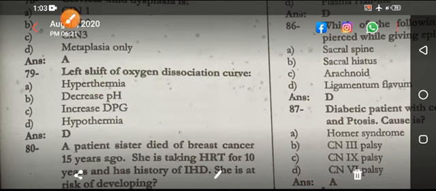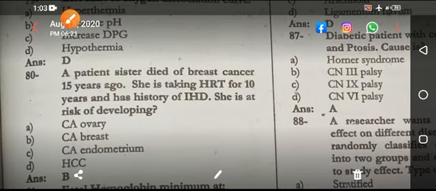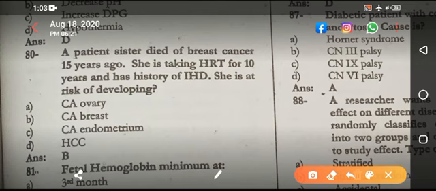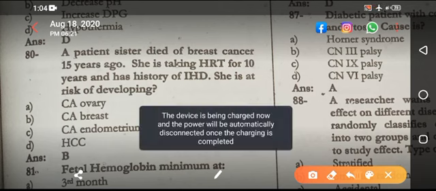Coming next, a patient's sister died of breast cancer 15 years ago. She's taking HRT for 10 years and has a history of ischemic heart disease, and she's at risk of developing.